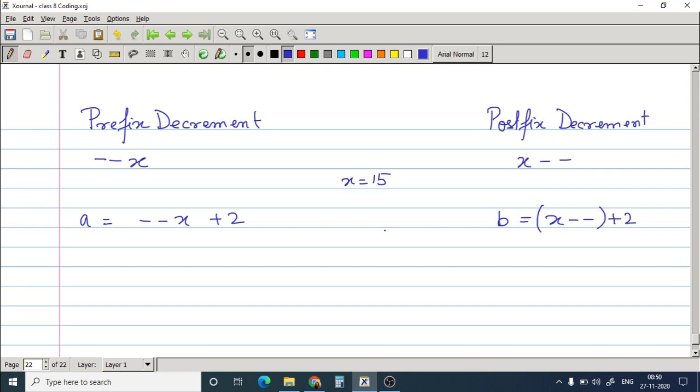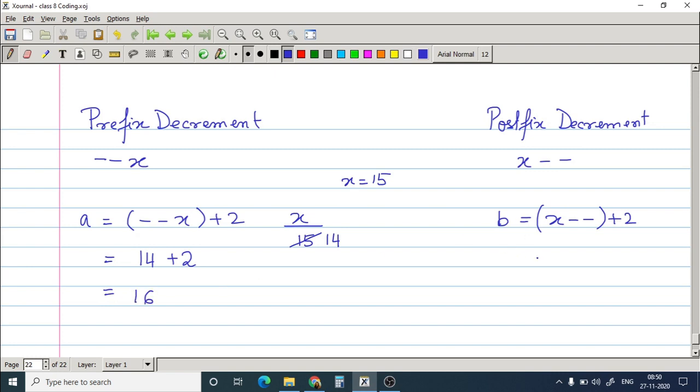So these are the operators that have to be evaluated first. As we know, prefix means first change, then use. So x, the value is 15, so minus minus means minus 1, so first change then use. So 14 plus 2, which equals 16.